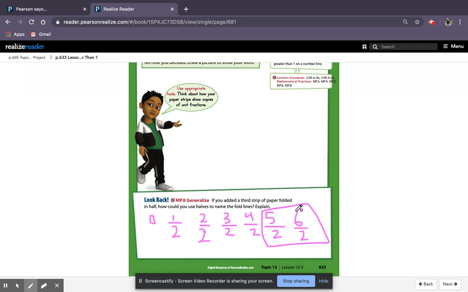Because the blue rectangle I drew up above represented 2 sheets. I misspoke on that. So that was like 2 pieces put together, but then it was like how many halves are there all together, and then they counted the halves.